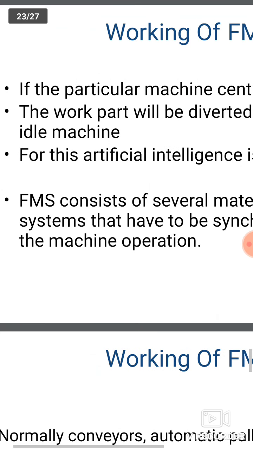So what it is telling is, suppose a job goes to one machine for facing, and that machine is already linked with other work. Then this job will go to the second machine so that it won't waste time. The second machine, where it is idle, will finish that work, then again it comes back to the first machine if it is idle for finishing. Like that the work goes on in FMS without taking rest.